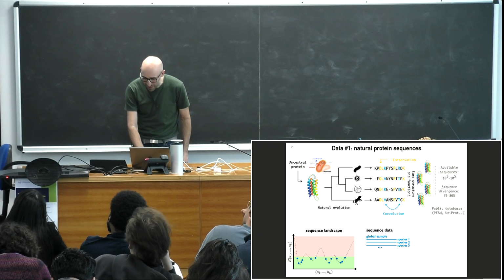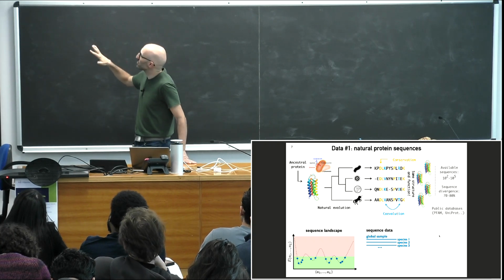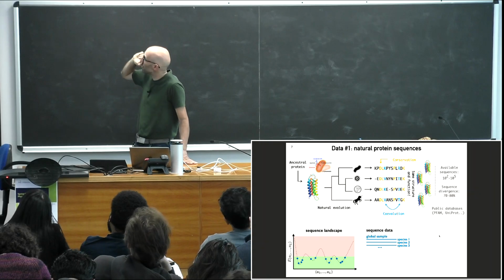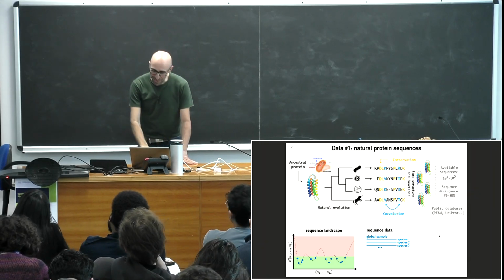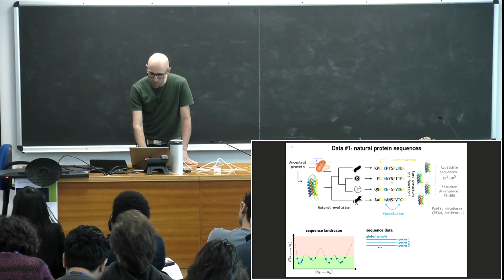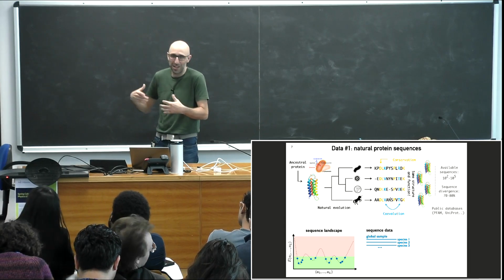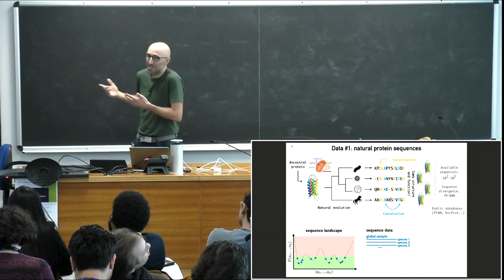And if you typically look at one family, you have something between 100 and 10 to the 5 sequences, so between 100 and 100,000. And the striking thing is that they are very different. So if you take two sequences at random from their alignment, they typically differ by 70–80%.